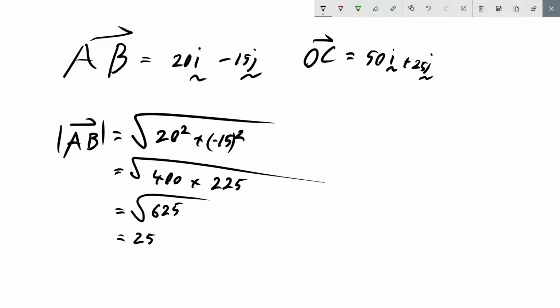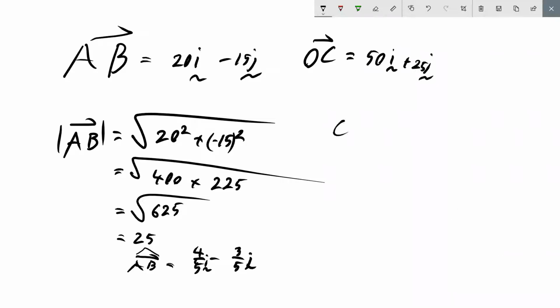So now that we have that, we can divide our AB vector by 25 to get AB hat. So 20 over 25, that's 4/5 i minus 15 over 25, 3/5 j. And now we just need to times this by 10, and that'll be CD.